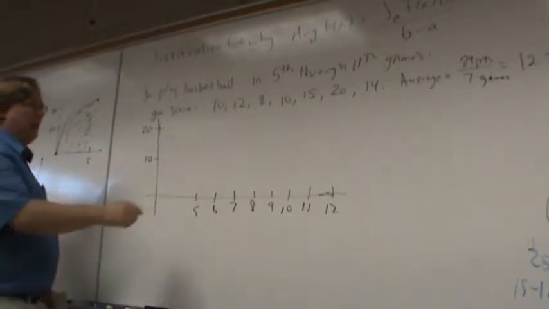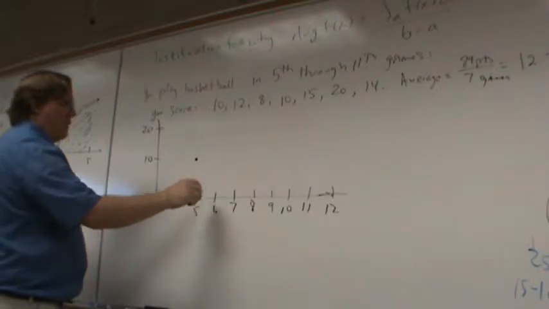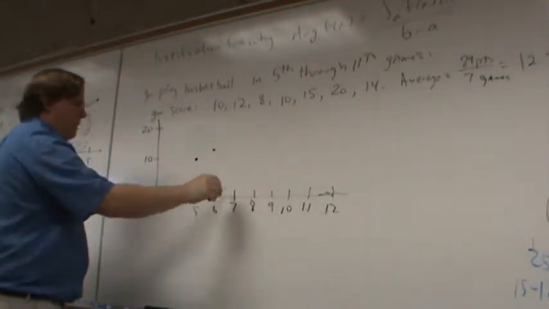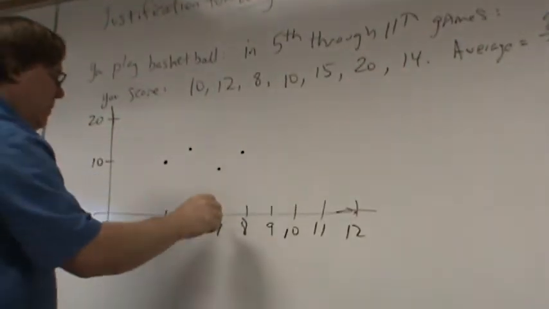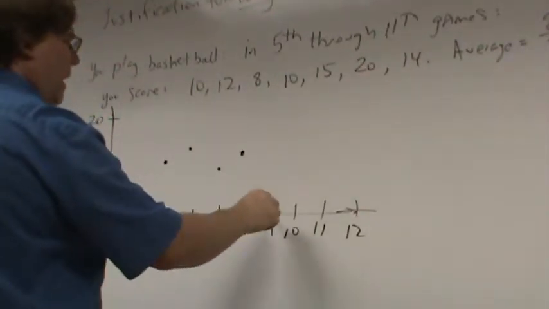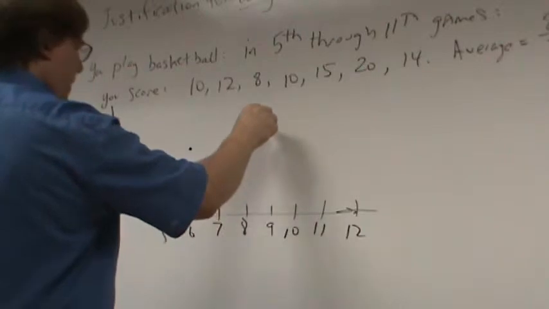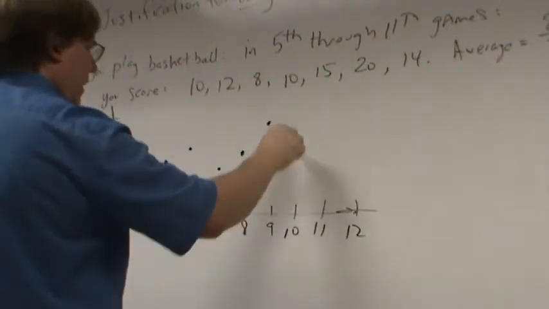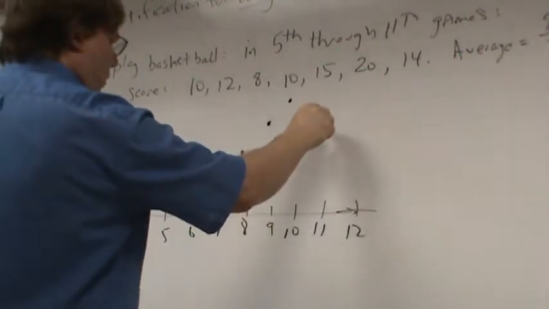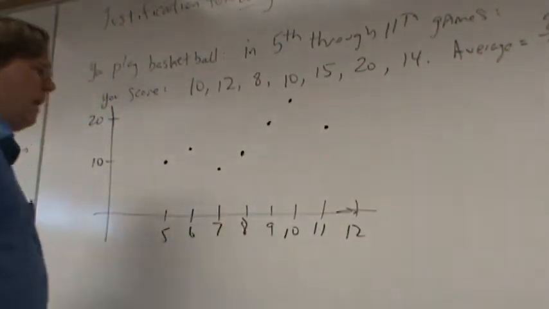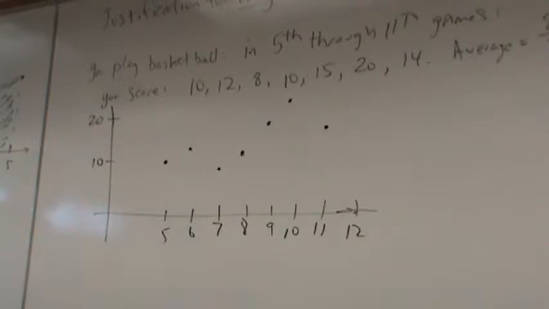I can say in his 5th game he scored 10 points, 6th game he scored 12 points, 7th game he scored 8 points, 8th game he scored 10 points. Wow. 9th game he scored 15 points, 10th game he scored 20 points, and the 11th game he scored 14 points. Okay? I just made a graph of the points.